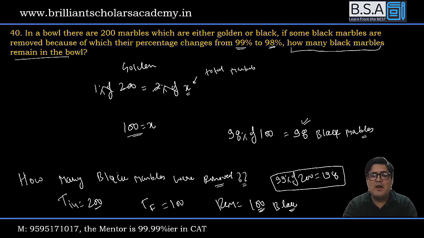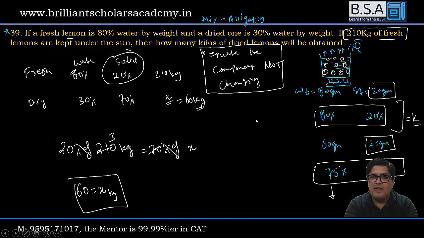The question is how many black marbles remain? I'm trying to teach you from the previous example. What should you equate? The component that does not change. What does not change, you have to equate.